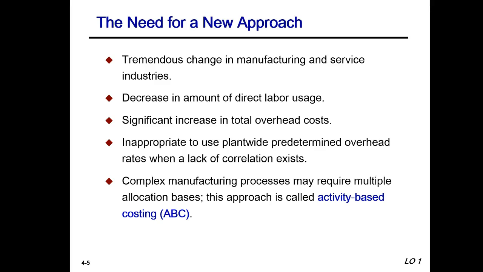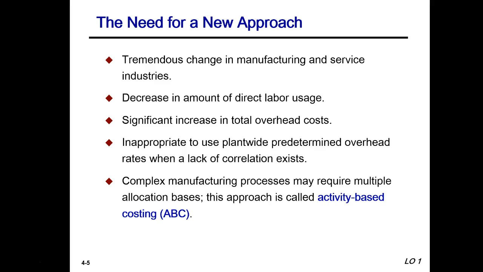So those are the methods in which we normally transfer or apply costs. Now, because of dramatic changes in the manufacturing industry, and also service, we need to come up with a new way of allocating costs. One way that has been created over the years is called ABC.